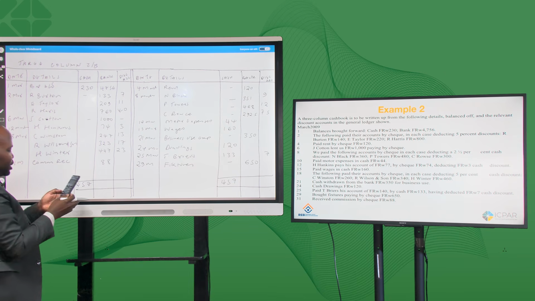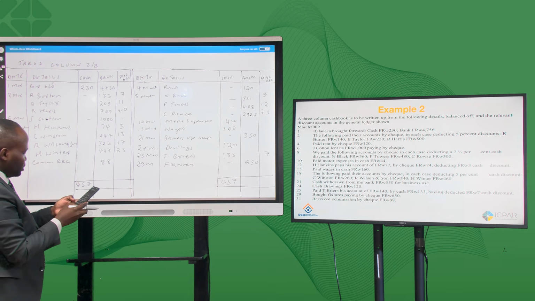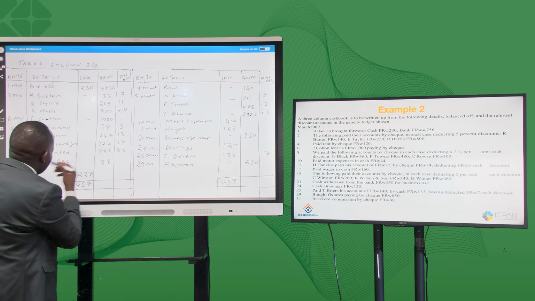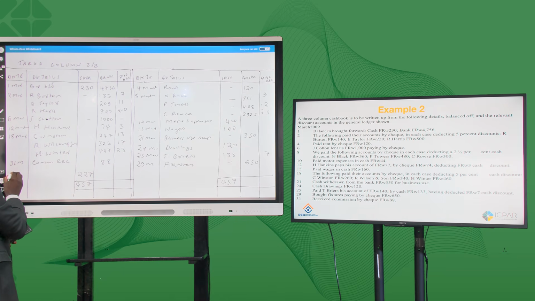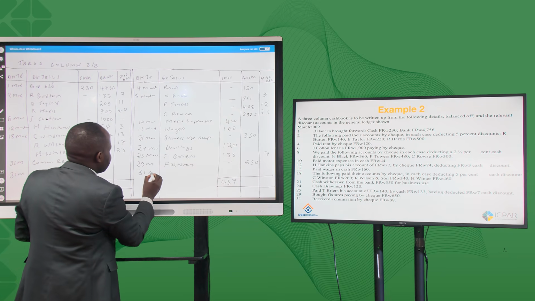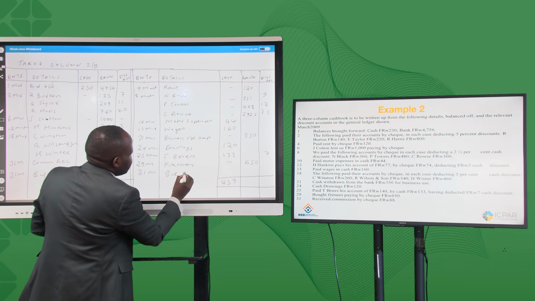And then we get the difference, minus 230. So that gives us 227. So there was some overdrawing in March. So this is balance carried down. We'll also need 31st March, balance carried down.